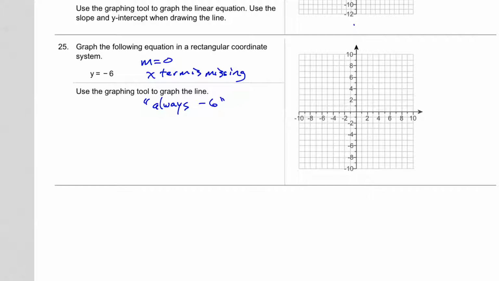So here's -6 for y, and it's always there. So it doesn't matter where you go, it's going to be the same thing. So that's just in case you forget that this is a horizontal line.